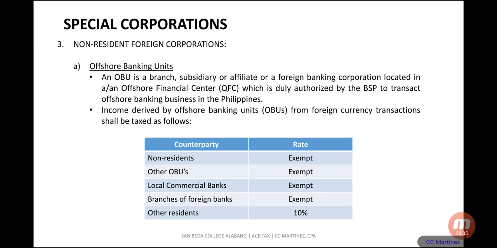Okay. For the offshore banking units, tinatawag natin na OBU. So, an OBU is a branch, subsidiary, or affiliate of a foreign banking corporation located in an offshore financial center, which is duly authorized by the BSP to transact offshore banking business in the Philippines. Okay.